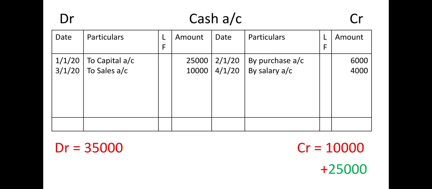If I add 25,000 on the credit side, both the totals become equal. Then I can say that this ledger is balanced now. It has been made equal on both the sides. So this 25,000 is our answer.